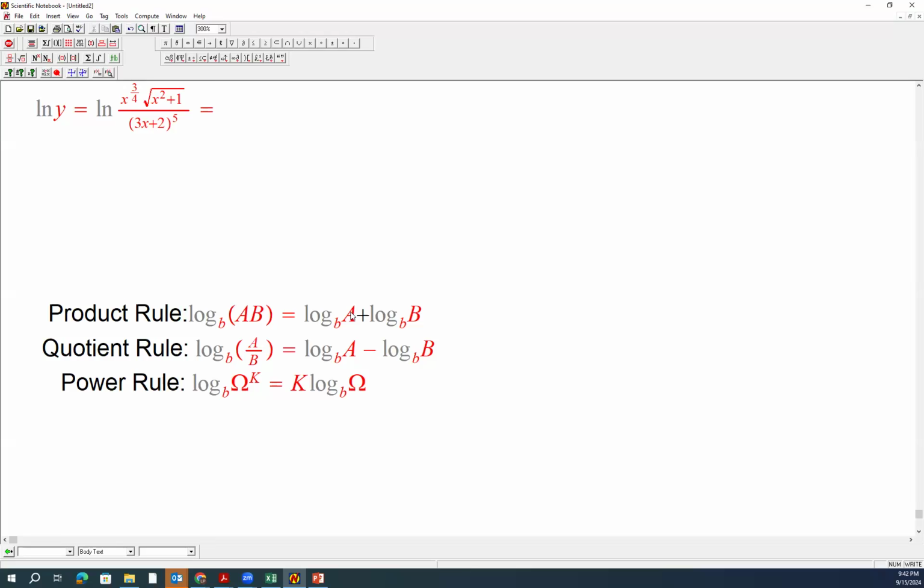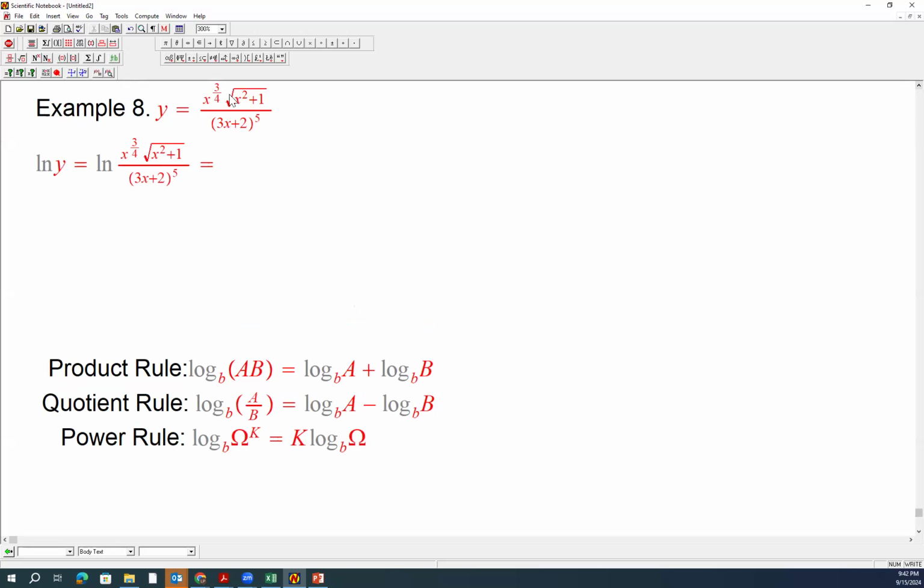So this is our product rule. Once we have these three rules, we can apply them.